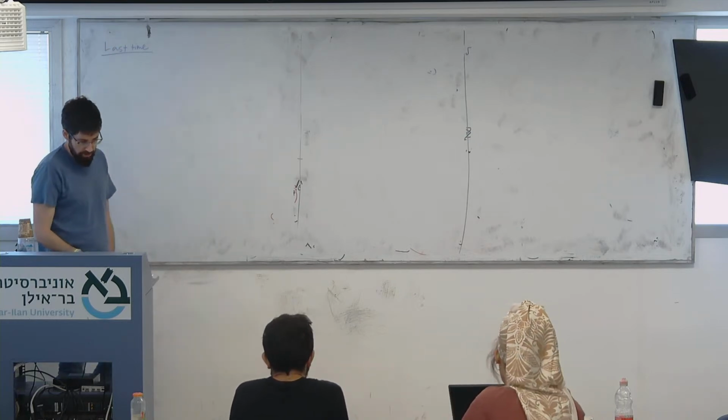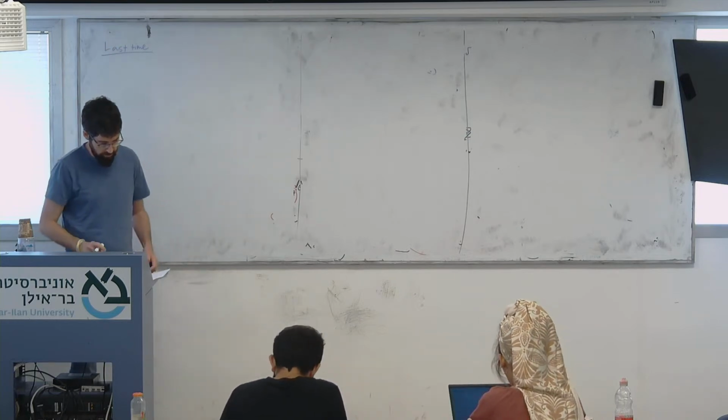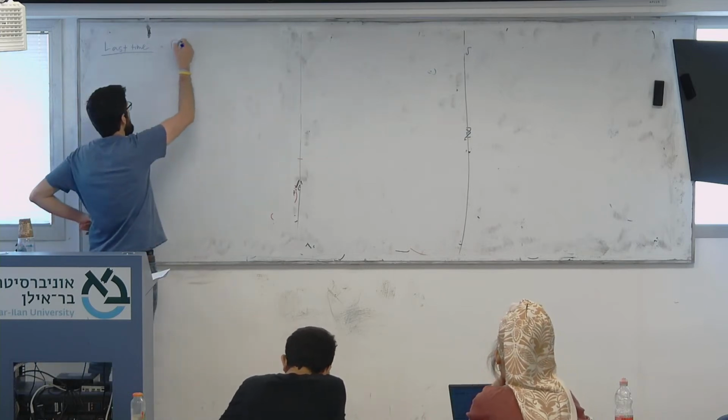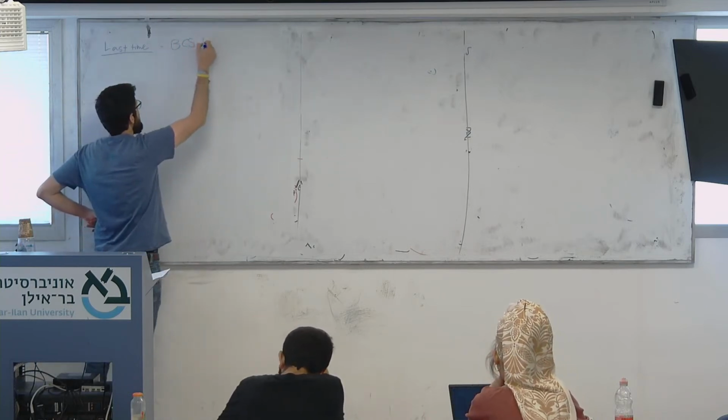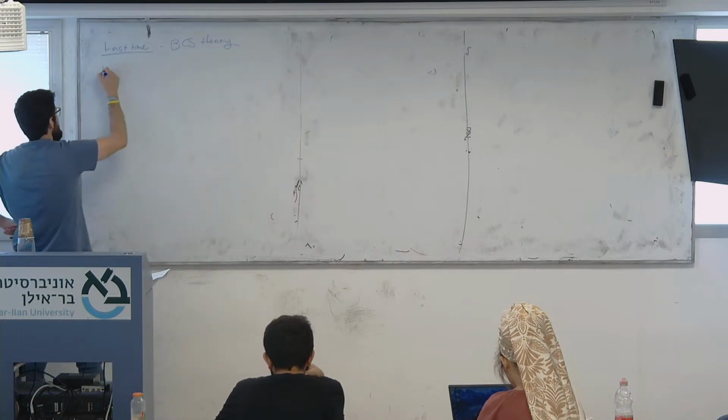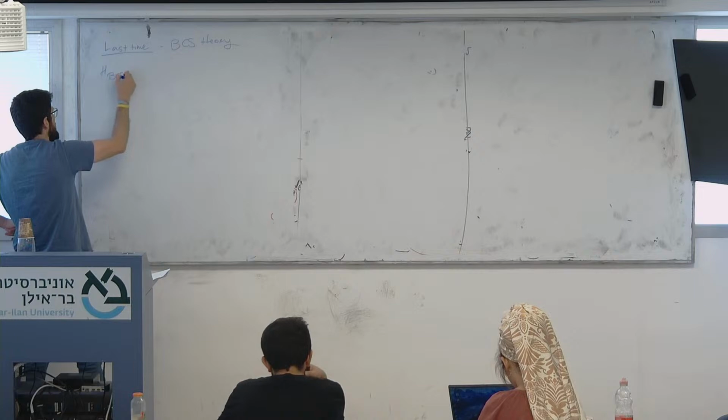Let's start by reminding us what we did last time. Last time we were talking about BCS theory. BCS theory deals with the Hamiltonian.